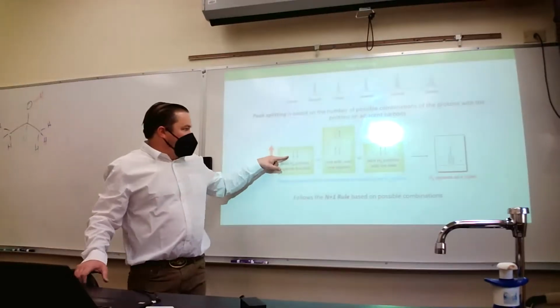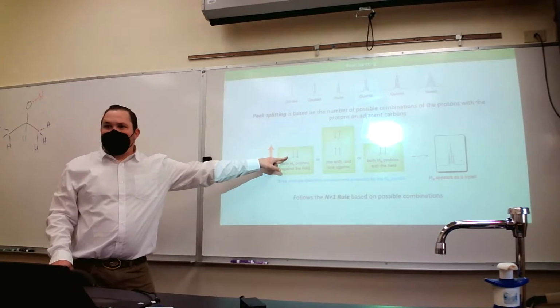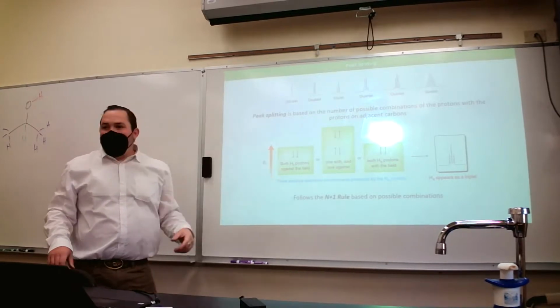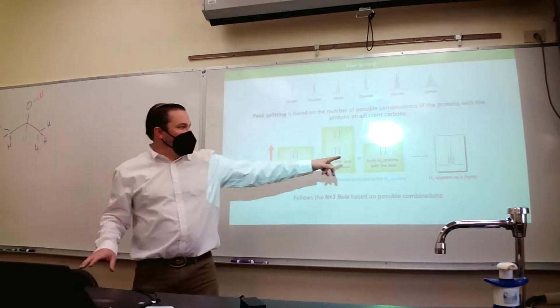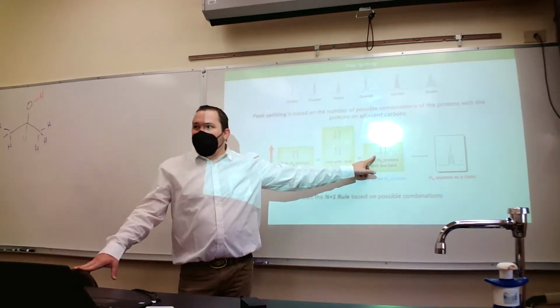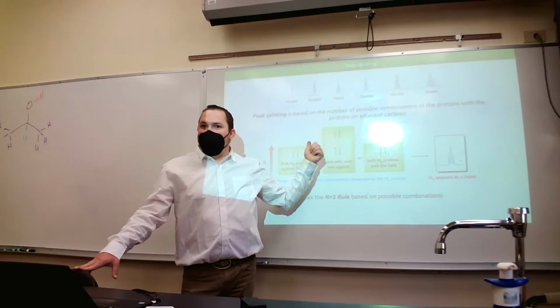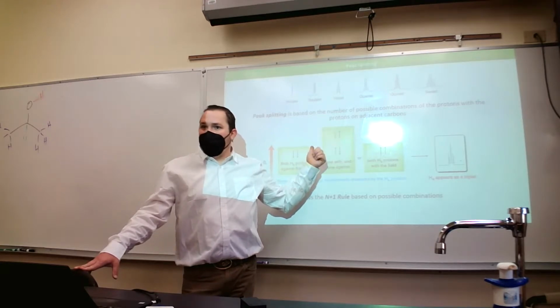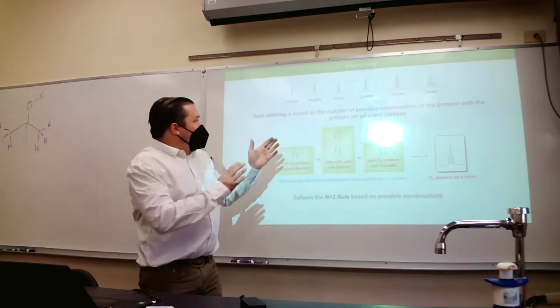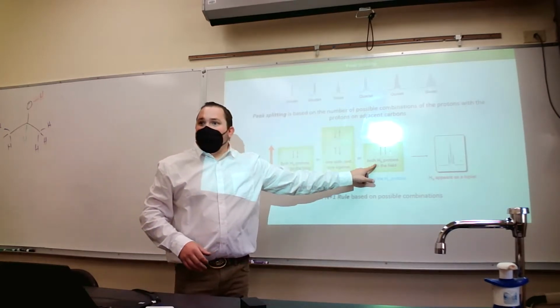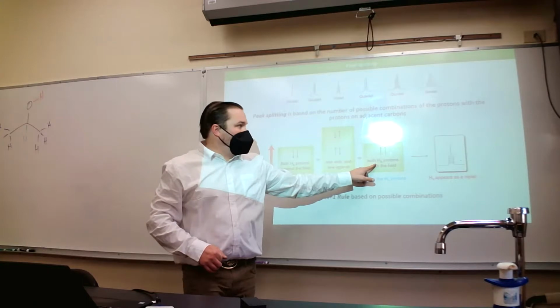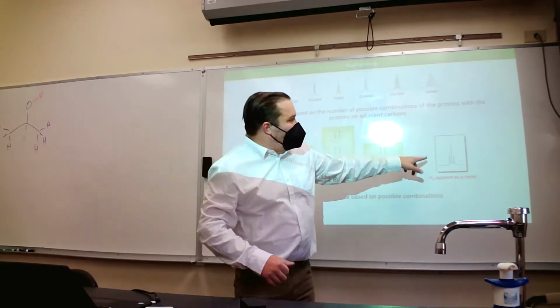And so if you have 2 protons, they can either be both facing the same direction down, or they could be both facing up. Or the left one could be down and the right one up, or the right one down and the left one up.